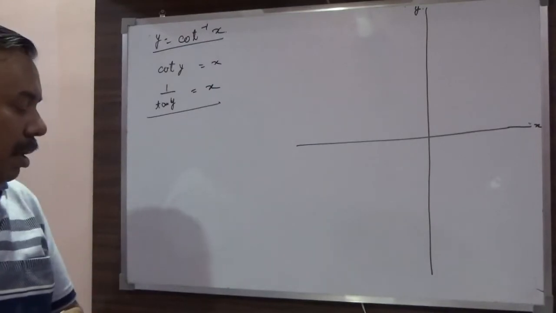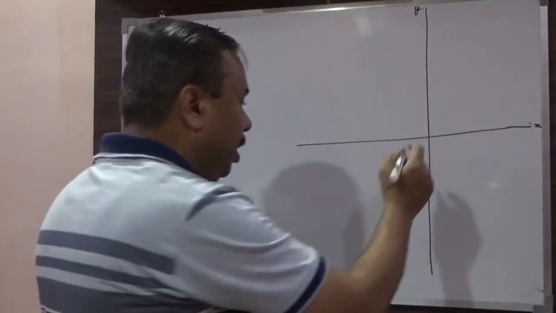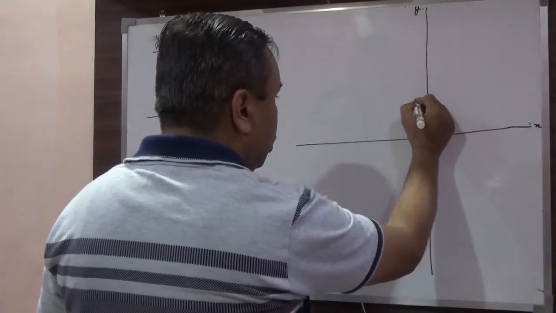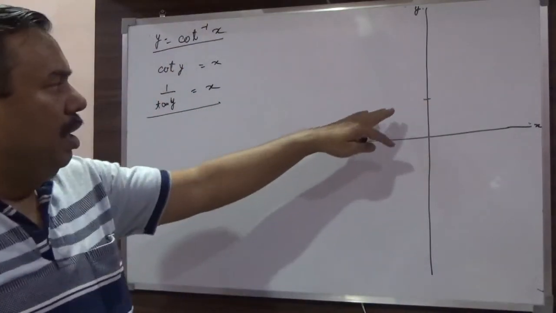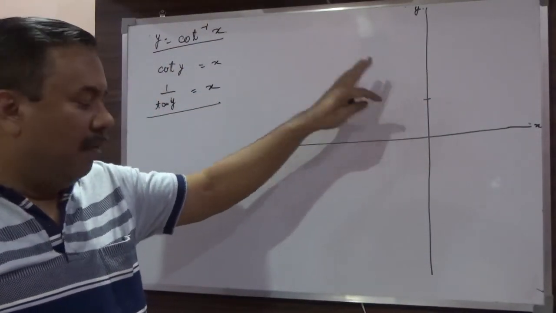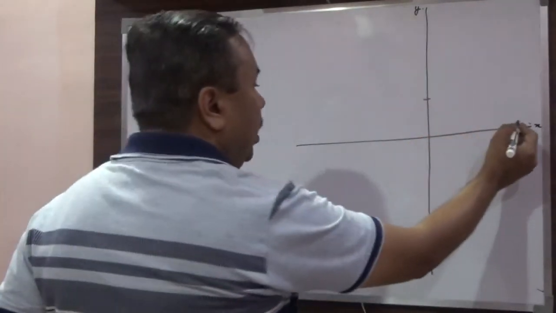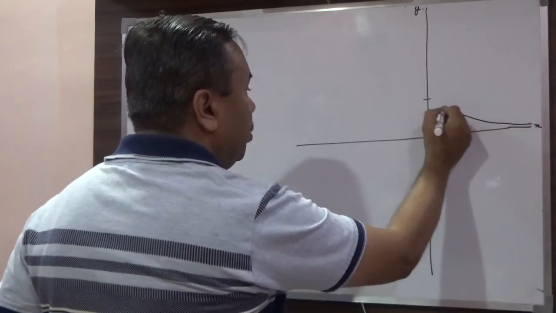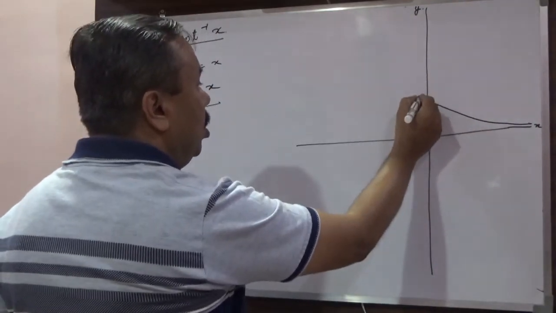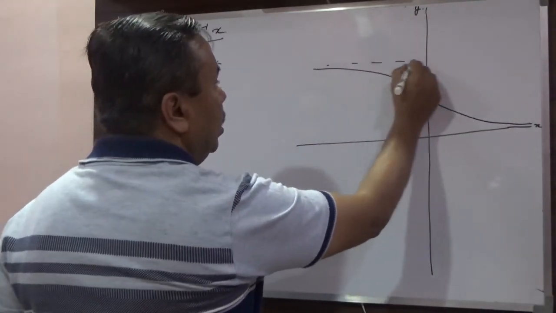Then at x equal to pi by 2, when it becomes 0, and it keeps on like this.